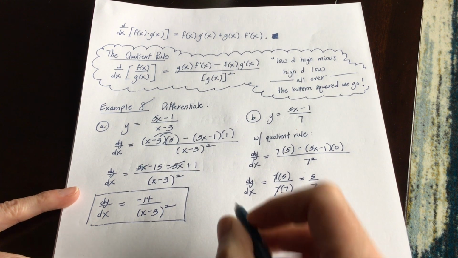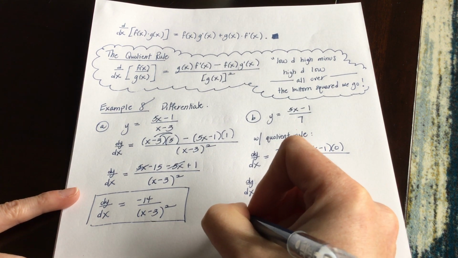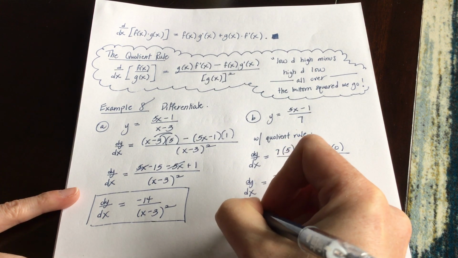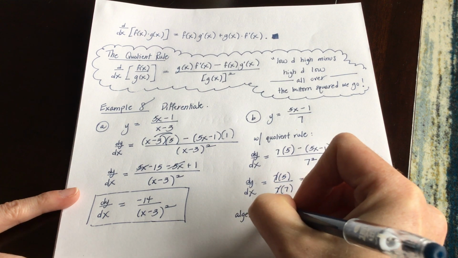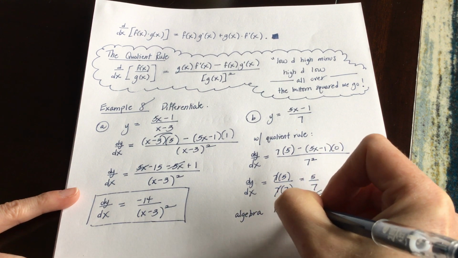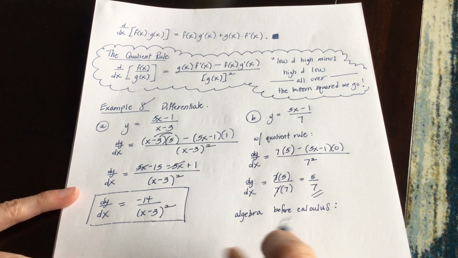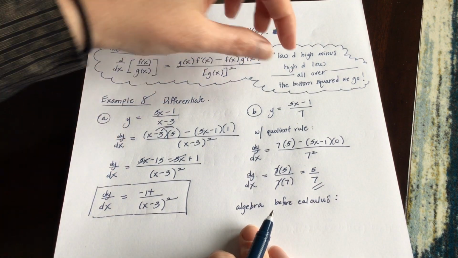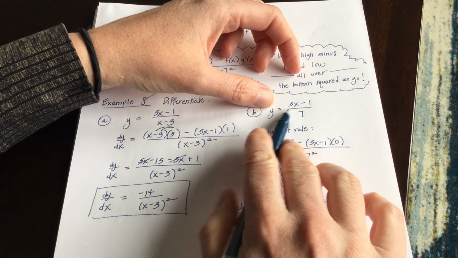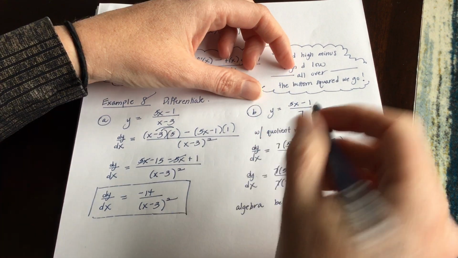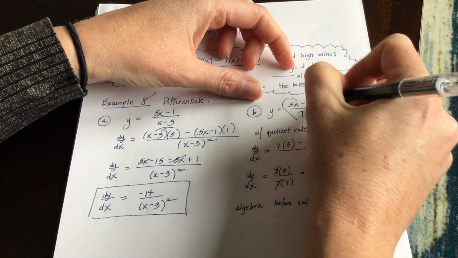Okay, now let's talk about, for this one, let's practice the art of algebra before calculus. Because this is one of those problems where you actually had a much simpler way to go about it. So if you were to do this problem with algebra, since you're dividing a polynomial by a monomial, you could actually just distribute the division in.